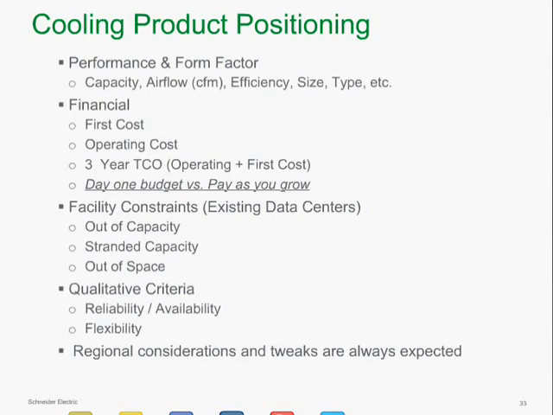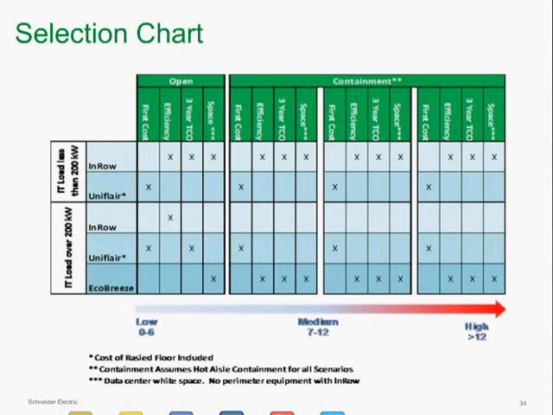You know, we know that there's no standard boilerplate that we can use for any data center. So the takeaway that we had in crunching all these numbers was really a selection chart, and we segmented it into small data centers and medium to large data centers on the left-hand side, there on the y-axis.